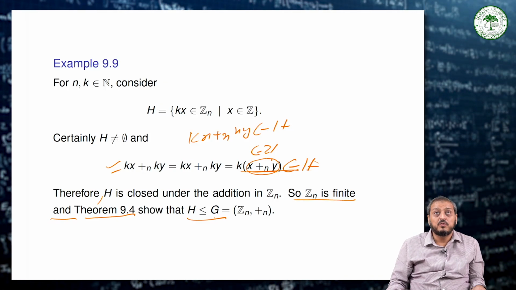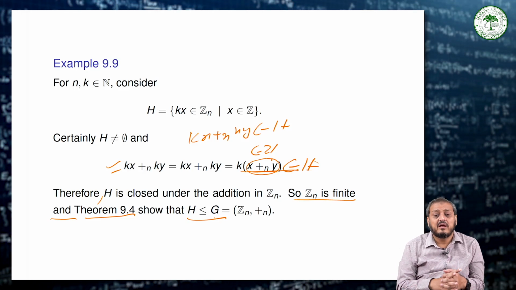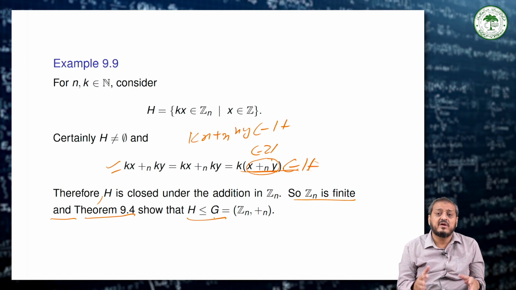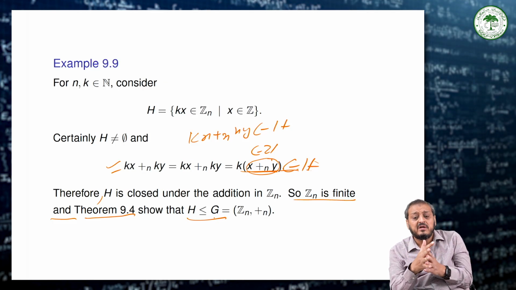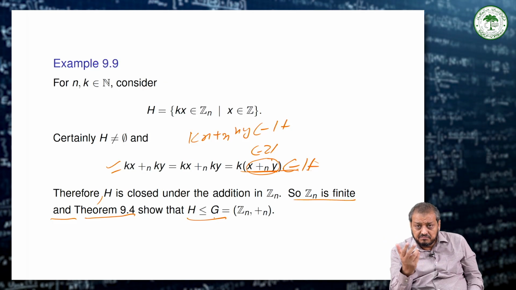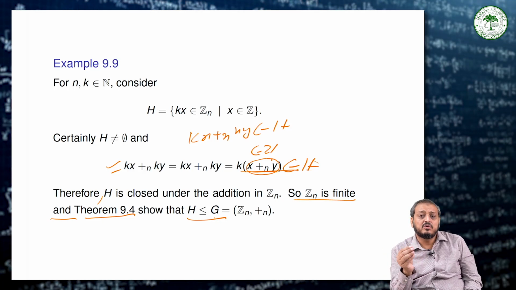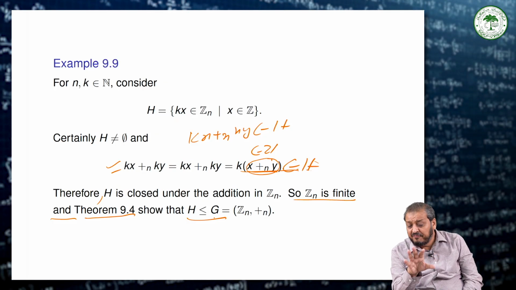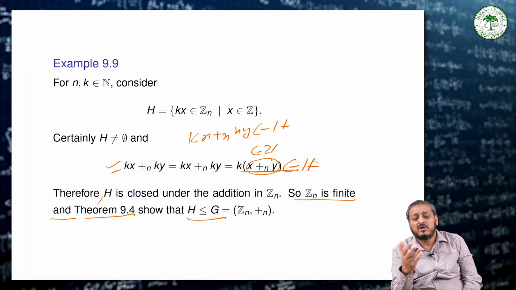Now let us look at this result clearly: if H is a finite subset of a group G, it is enough to show only closure. But if we take an infinite set, closure may not be enough.